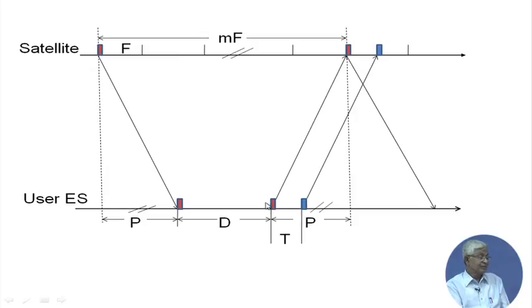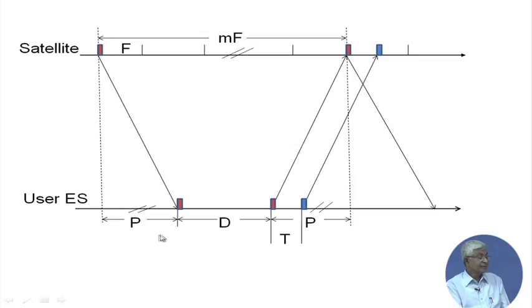Now here it is imagined that you are transmitting with respect to that after time t, but this time is not known to you with respect to the reception of the reference burst which you have received. This time has to be calculated, but in this we can equate that m times f, m is unknown, m times f could be the propagation delay of reception plus propagation delay of transmission.